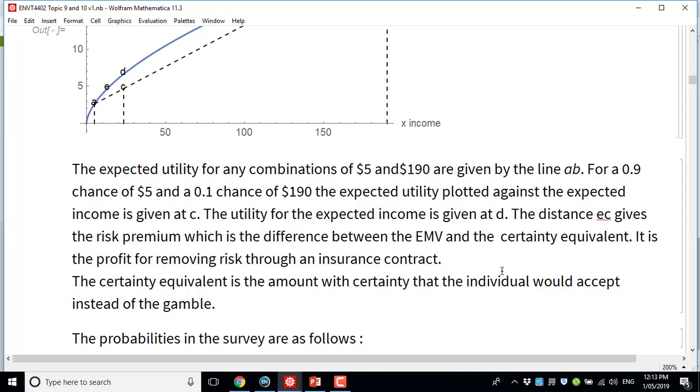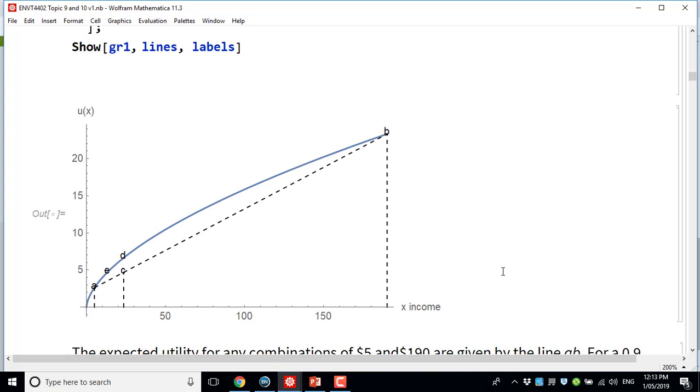Okay, let me draw it here so that when I move, I can refer to this. So this is my $5. This is my 190. So this is like this. And then what I'm saying here is that this point here, and then we probably need another color.